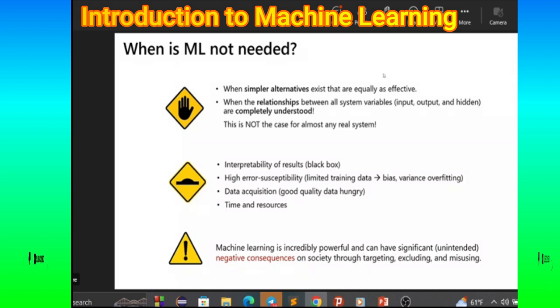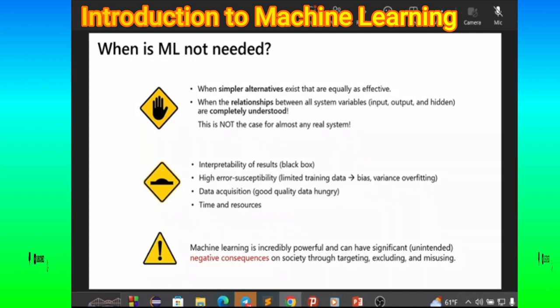Just because you can create a machine learning model doesn't mean you should. You have to see whether there is a simpler alternative solution, because creating a machine learning model has its own cost, and maintaining the model has cost. If you have a simpler alternative that you can use, avoid the use of a machine learning model.